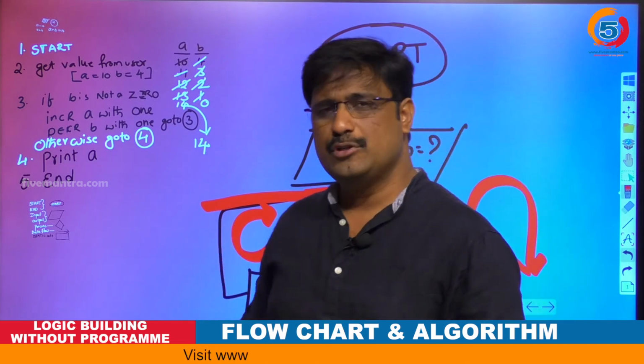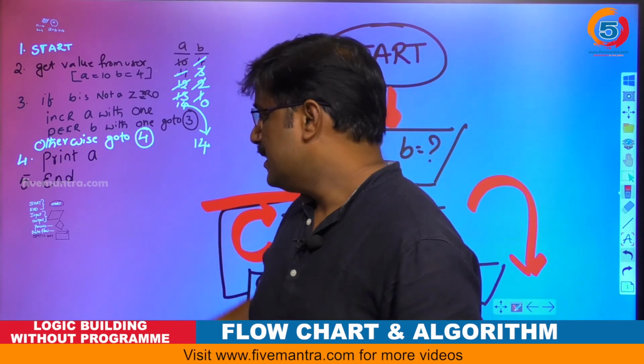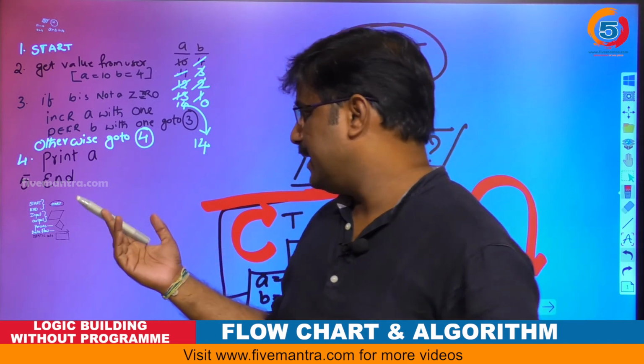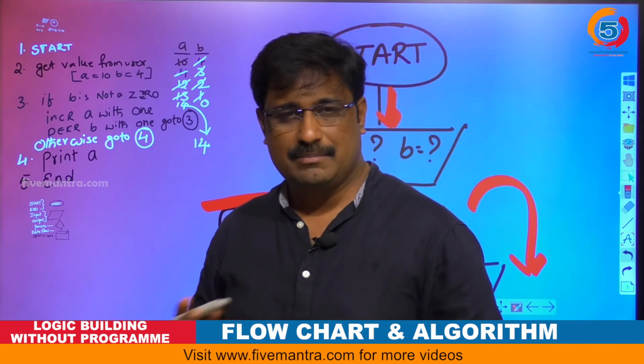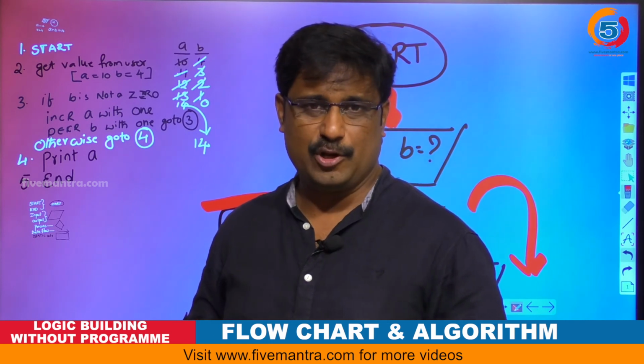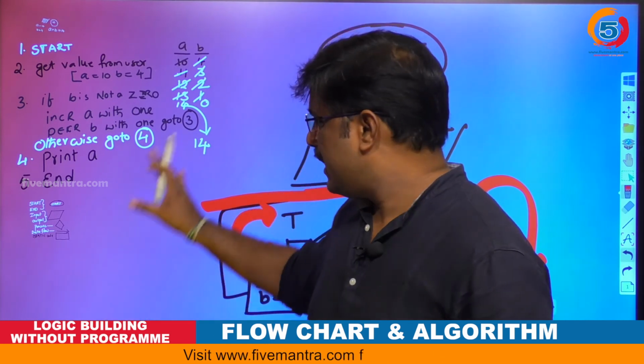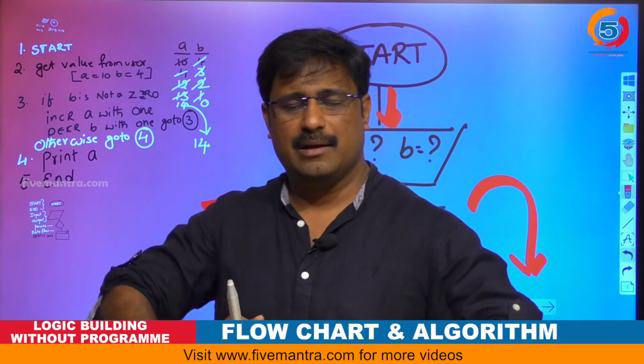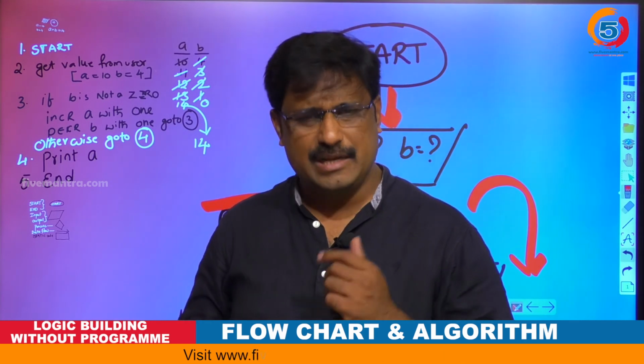Already I said in a flowchart we have hardly 5 symbols: the rectangle, rhombus, arrow and ellipse. With the help of these we can discuss all problems, right?